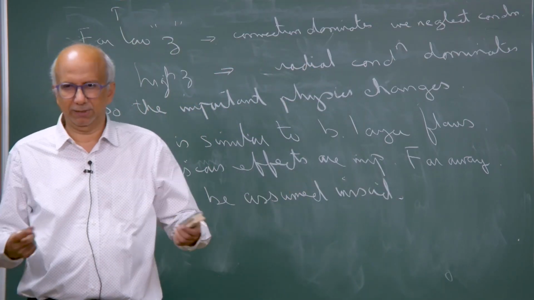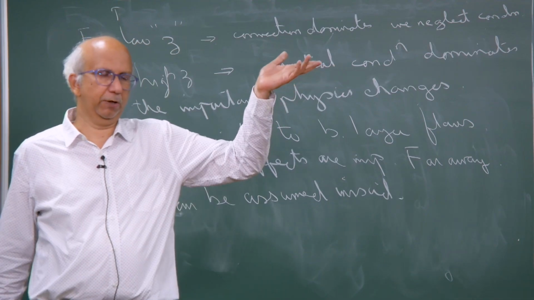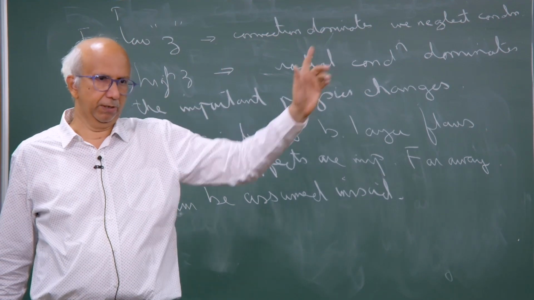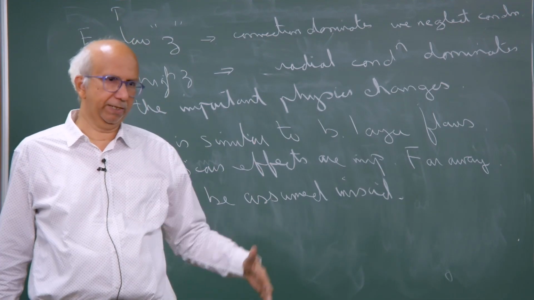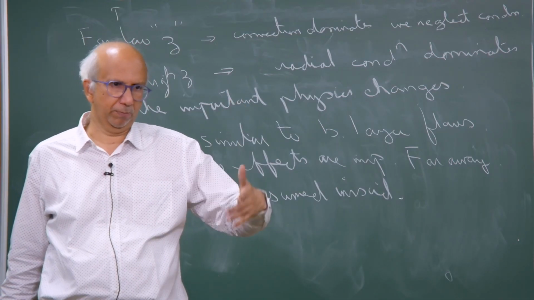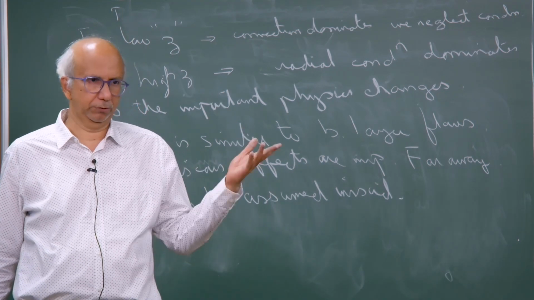It is like neglecting conduction, momentum transfer by conduction, far away, with only convection. But here there is also conduction: viscosity is like conduction, mu d square u, the second derivative, momentum diffusivity, whereas conduction has thermal diffusivity.